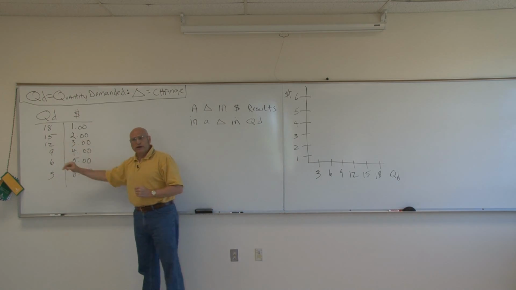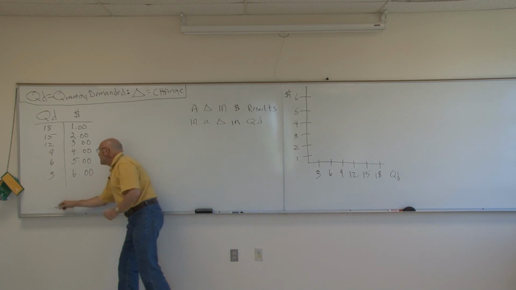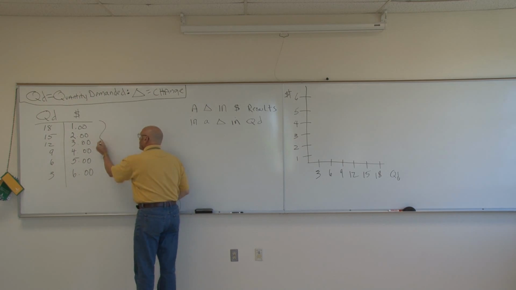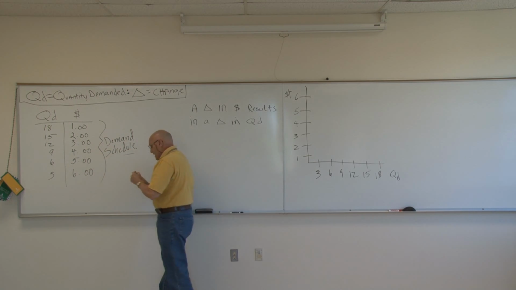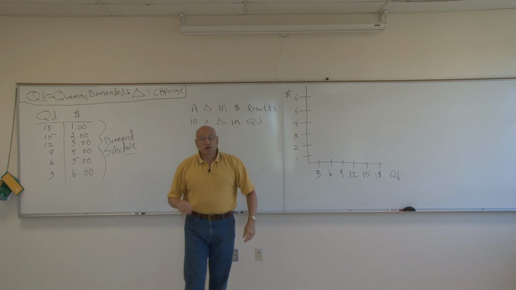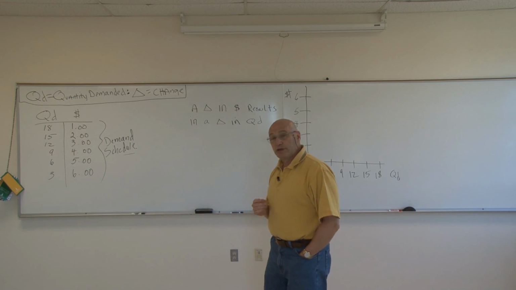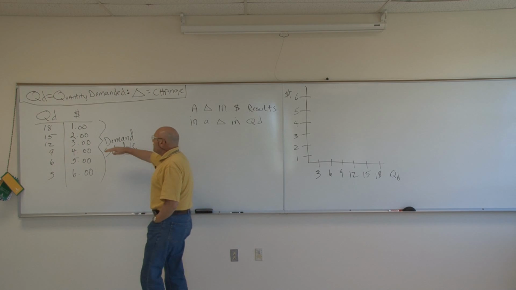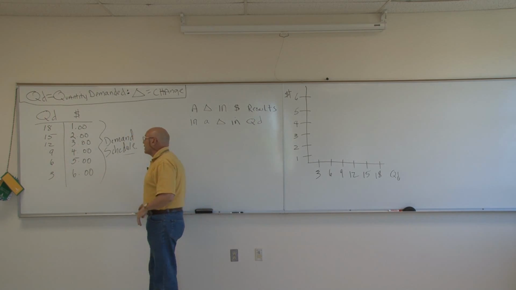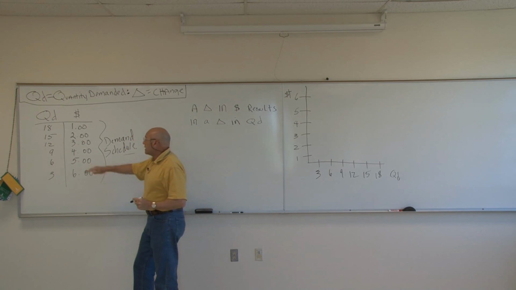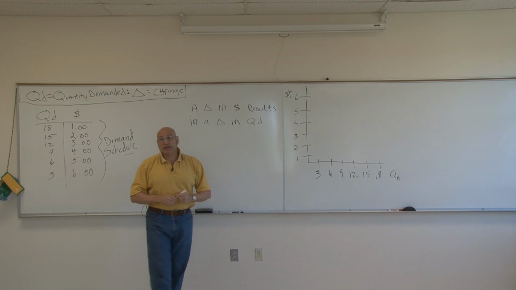What we have up here is the demand schedule. The entire grouping of numbers is the demand schedule. Remember, the demand schedule is a schedule that shows us the various amounts of a product that you will purchase at each price. If the price of this particular good is $1, you will buy 18 units of it.